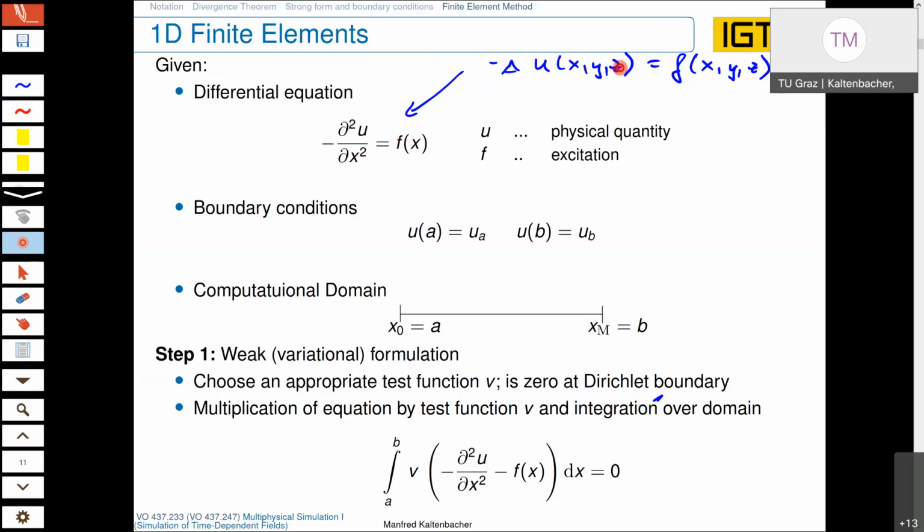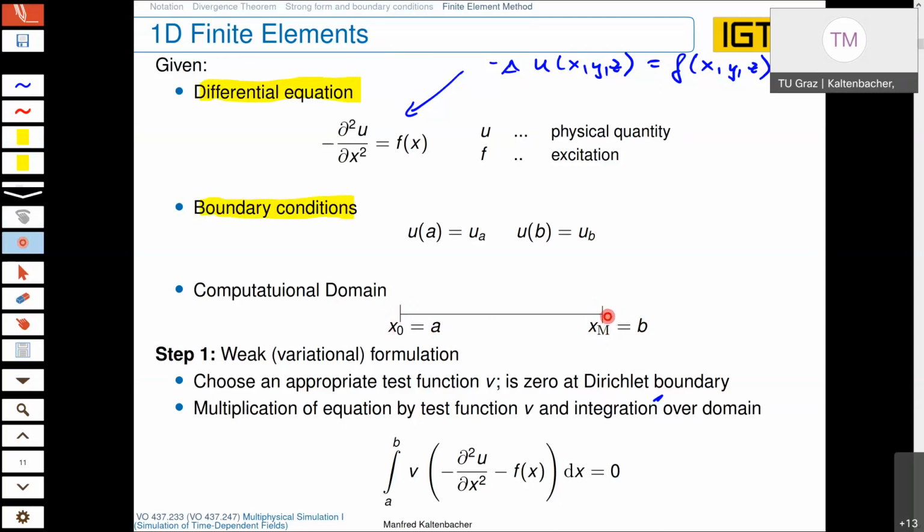Okay, so since it is 1D, we have a computational domain which starts at x0 with a value a and ends at xm with a value b. And that is important, as you know: not only the differential equation, but also the boundary conditions have to be specified on each boundary, which is here the left boundary and the right boundary.